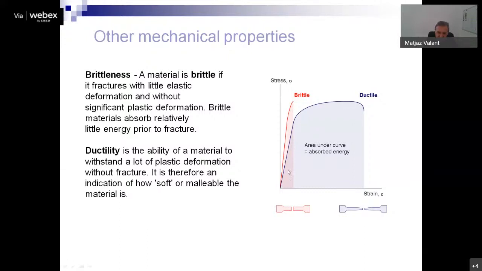So you can easily see that there is a lot of energy present in the ductile materials before the fracture, while much less in a brittle material. The brittle material also fractures without any plastic deformation, while that is the opposite for the ductile material.